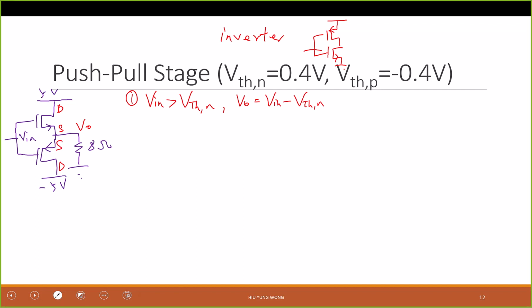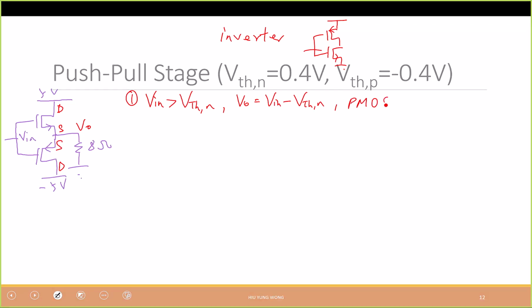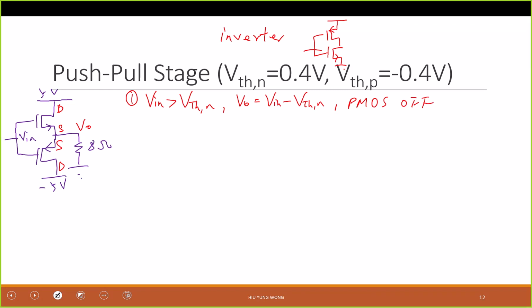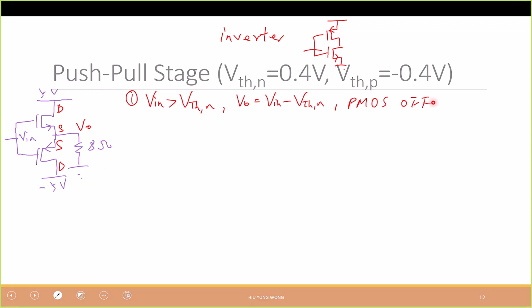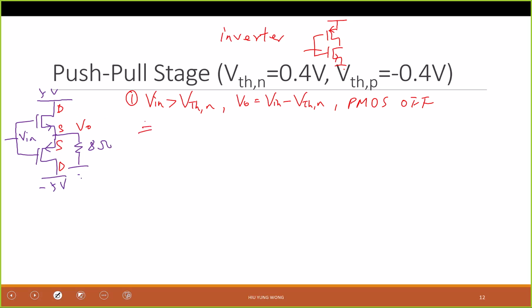And I claim that at this stage, PMOS is off. So if you have the inputs larger than the threshold voltage of N, the solution is that PMOS is off and you only have the NMOS working, which means that the circuit becomes something like this.